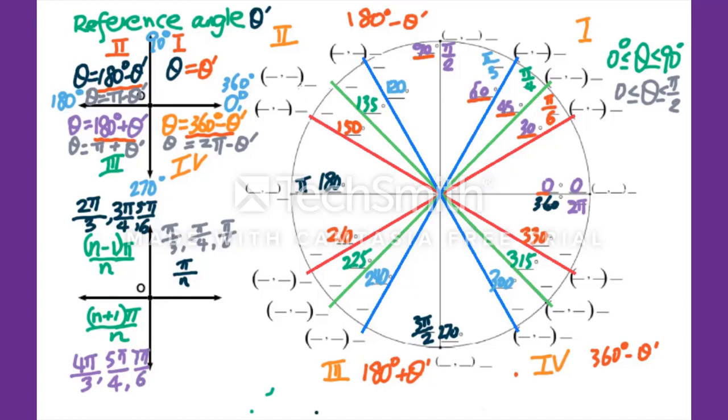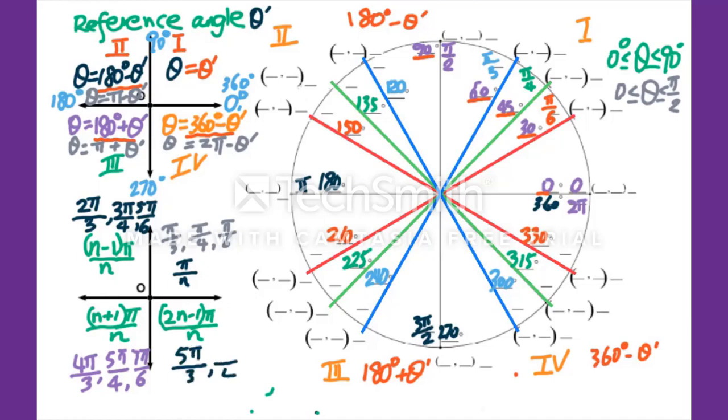For the fourth quadrant, the angle will be 2n minus 1 pi over n. For example, if n equals 3, then 2 times 3 minus 1, that will be 5 pi over 3.